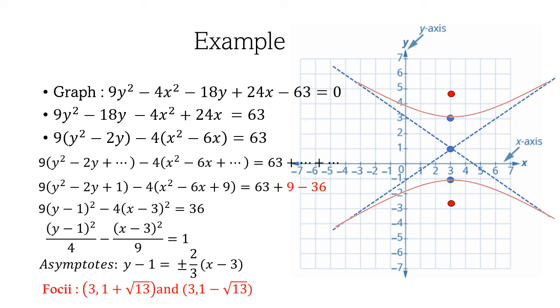So these are the foci, and the blue one, so the red points are the foci and the blue points are the vertices.